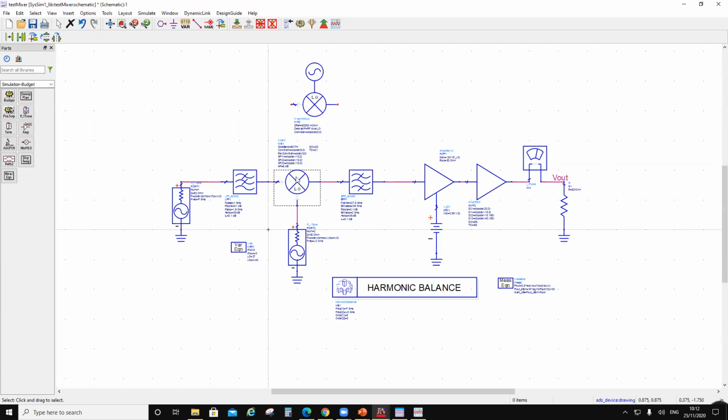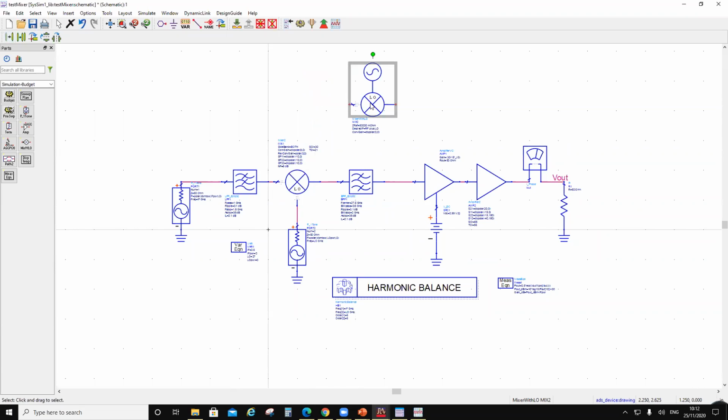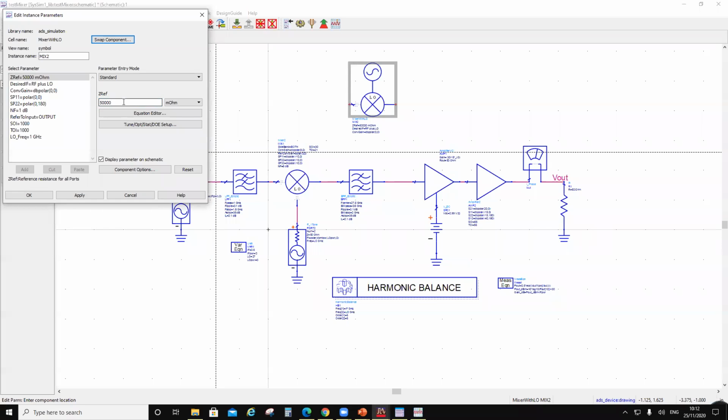Now this guy has 3 terminals, and even this one has 3 terminals. That means I cannot use this chain for budget analysis. So for budget analysis, what do I have to do? I have to go here and change this. I'll have to define an equivalent mixer here, which is 50 ohm. I am expecting RF plus LO. Okay, just one second.